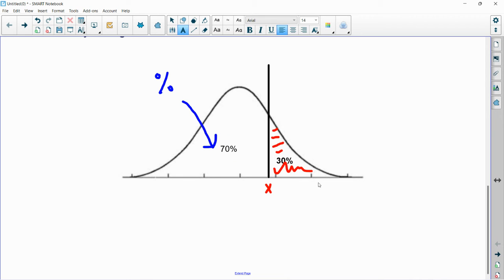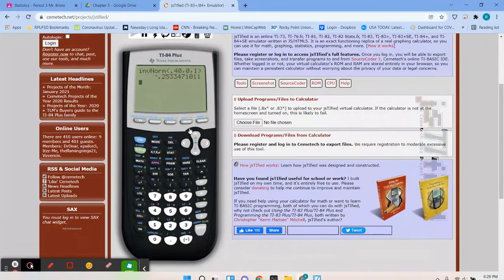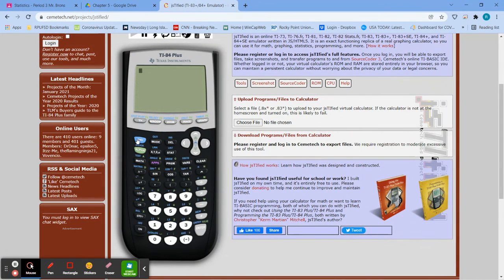And we've already got our labels all together. So now we know we're going to use inverse normal, our 0.70. Then we're going to put 0 for our mean. We're going to put a 1 for our standard deviation. And see what that gets us. So again, second, bars, inverse normal.